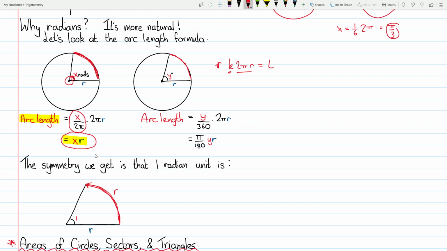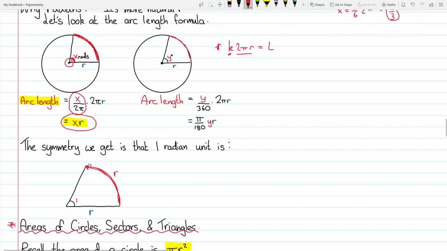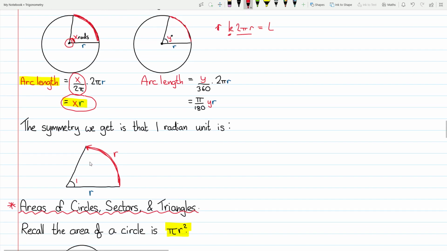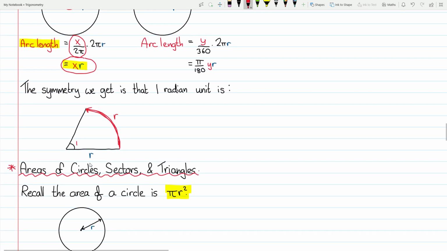So you can see why radians is more natural. Notice how the arc length formula is so much nicer. And this gives us what radians are. If we have a circle segment, the arc length is going to be the radius times the angle.